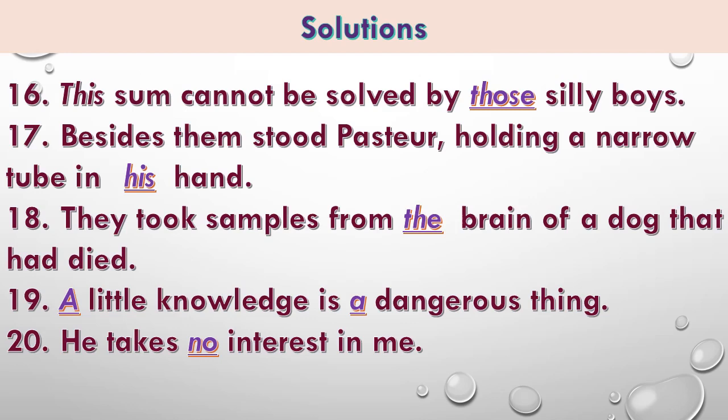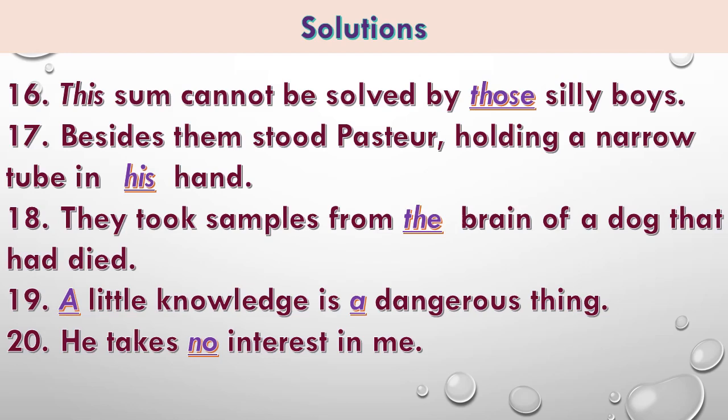Second last is, a little knowledge is a dangerous thing. So students, during our discussion of our rules, we discussed that before the word little, we use a. So that's why here the indefinite article is used before little.